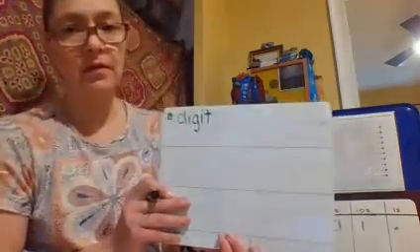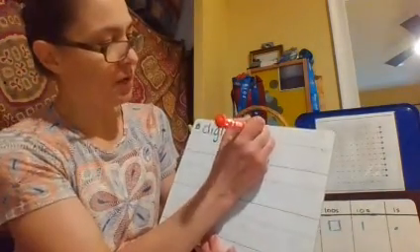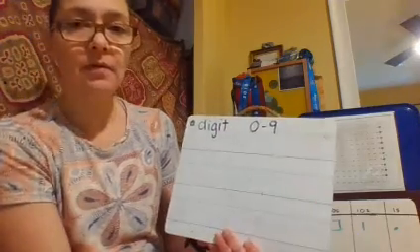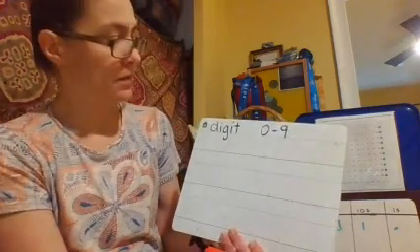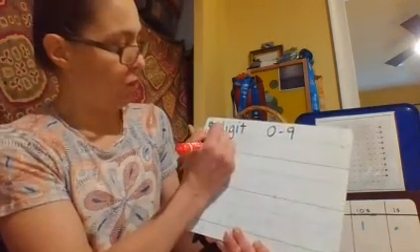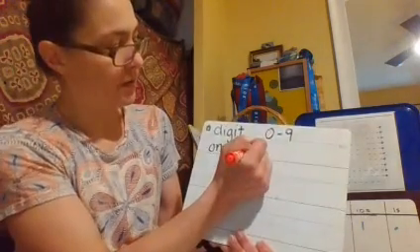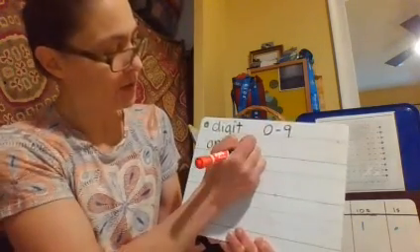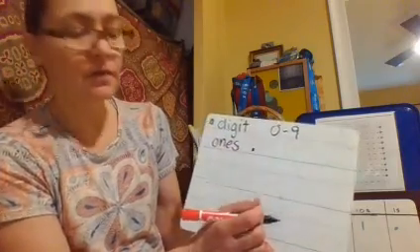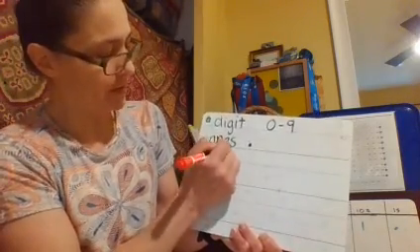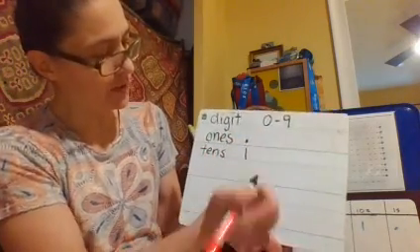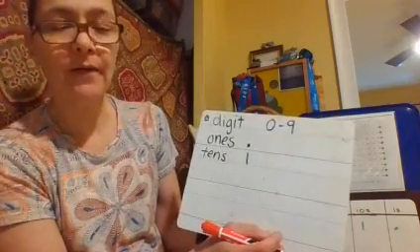A 4-digit number. Okay, so some important vocabulary is digit, and the digit is any numeral 0 to 9. We have ones, which is the small cube, and written like that. We have the tens, which is the long, and it is drawn like that.